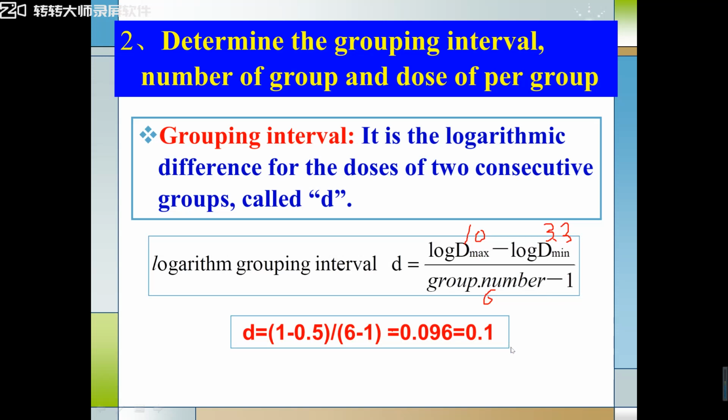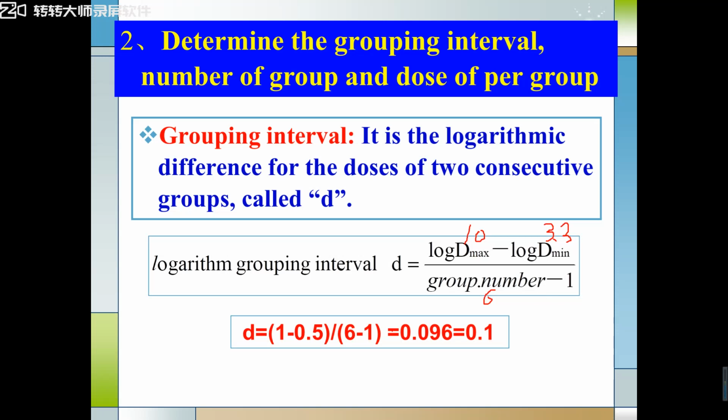0.1. And maybe you feel, oh teacher, it's very difficult to understand. Yes, it's very difficult to understand. But this lab is very easy to do. Later we give the drugs and then we wait 1 hour to calculate the death rate. That's all.